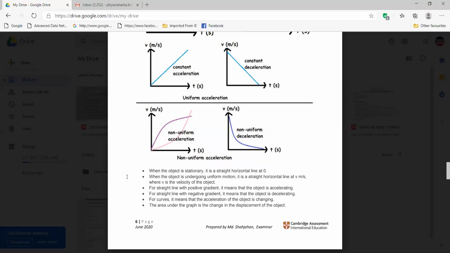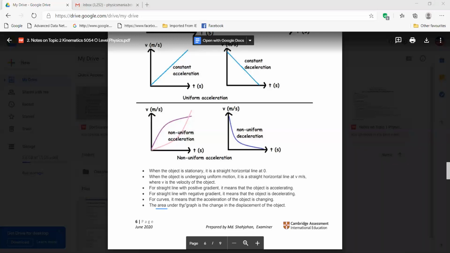For a straight line with positive gradient, it means that the object is accelerating. For a straight line with negative gradient, it means that the object is decelerating. For curves, it means that the acceleration of the object is changing. The area under the graph is the change in the displacement of the object.